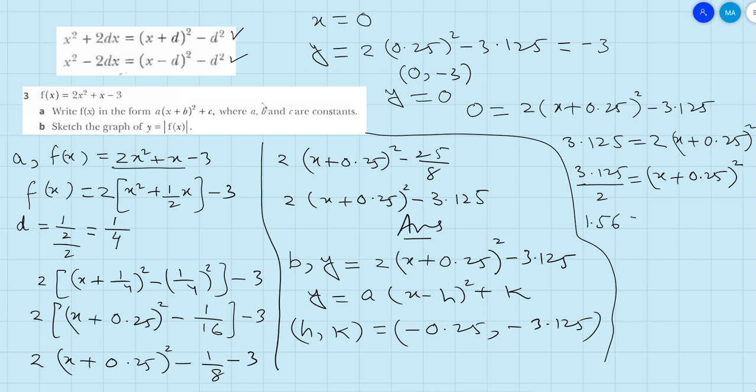The answer is 1.56 = (x + 0.25)². Taking the square root on both sides, it will be ±√1.56 = x + 0.25. The square cancels with the root. Find the square root of 1.56 with the help of a calculator. The answer is 1.25.